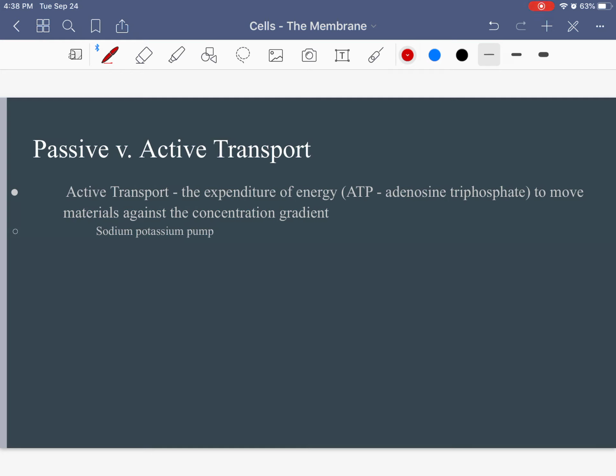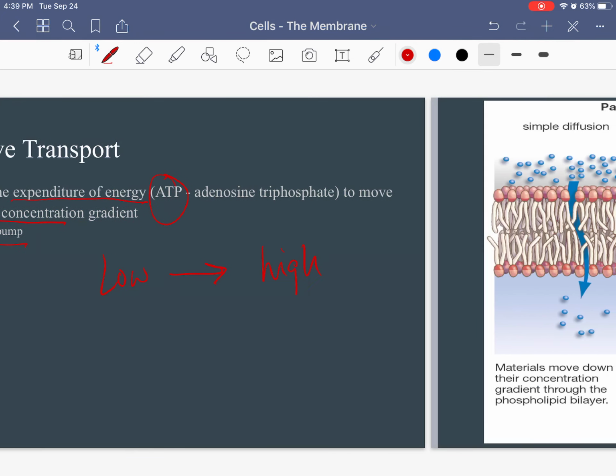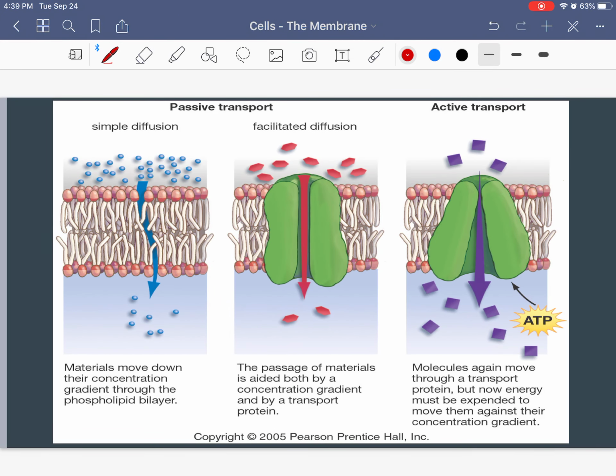Active transport, however, requires the expenditure of energy. ATP is used, and the example of an active transport is the sodium-potassium pump. And what we're doing with active transport is we're moving against the concentration gradient. So we're moving materials from low concentration to high concentration, and this is not where they naturally want to move. They want to naturally move the other way.